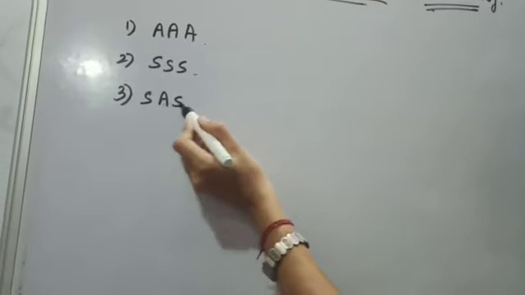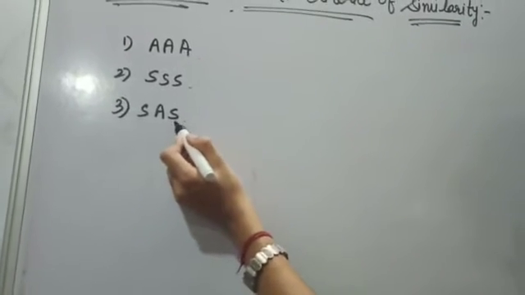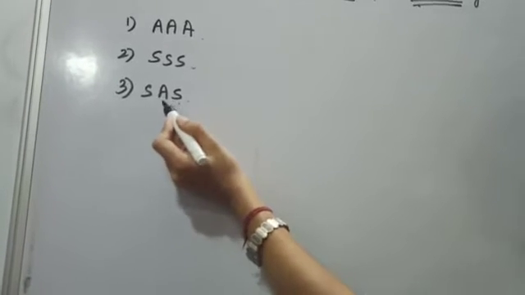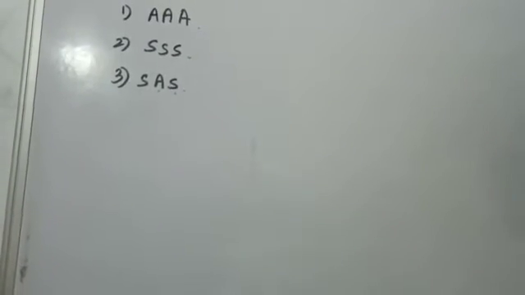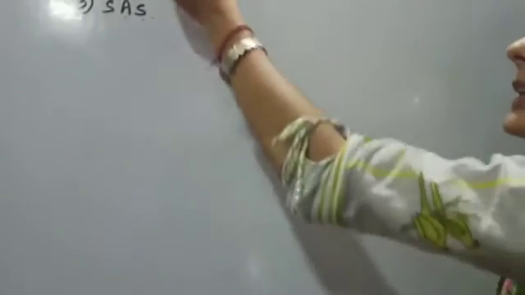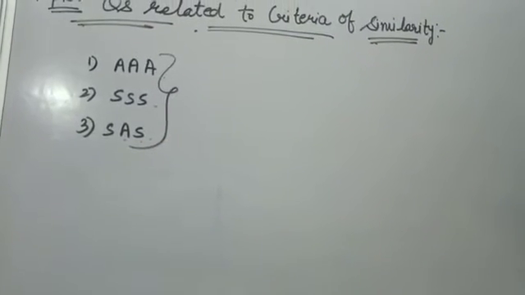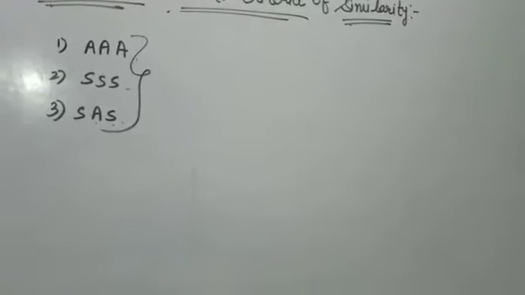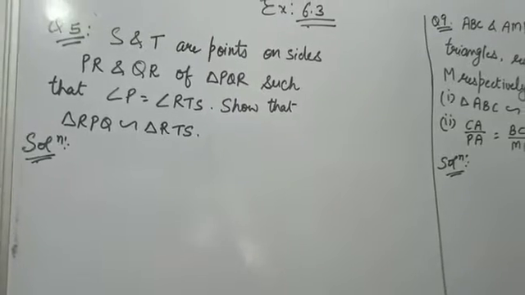In the third, if two sides are in the same proportion and the included angle is equal, then the triangles are similar to each other. So by using these criteria, we will discuss some questions related to exercise 6.3. So let us start now.